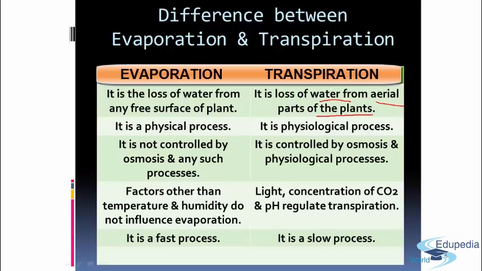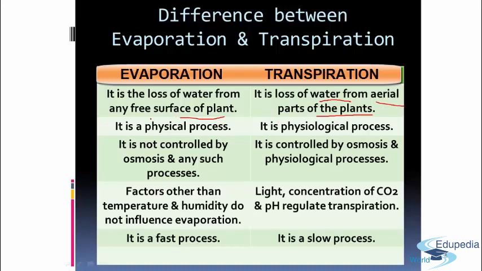So in evaporation, the loss occurs from the free surface, and in transpiration, the loss occurs from the aerial parts of the plant.